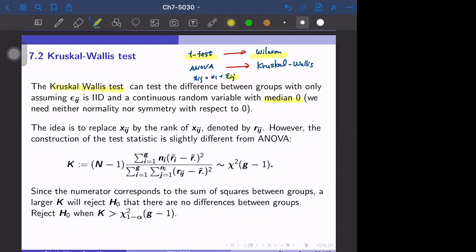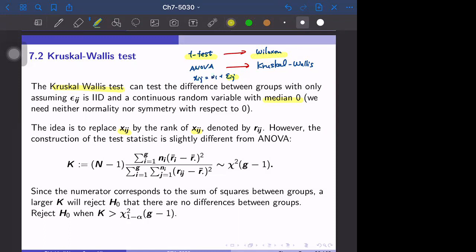It doesn't have to be symmetric. The idea is similar to Spearman's rho. So we replace x_ij by the rank of x_ij. Then even if the epsilon_ij is very skewed, it does not affect the result, since we only use the rank information.